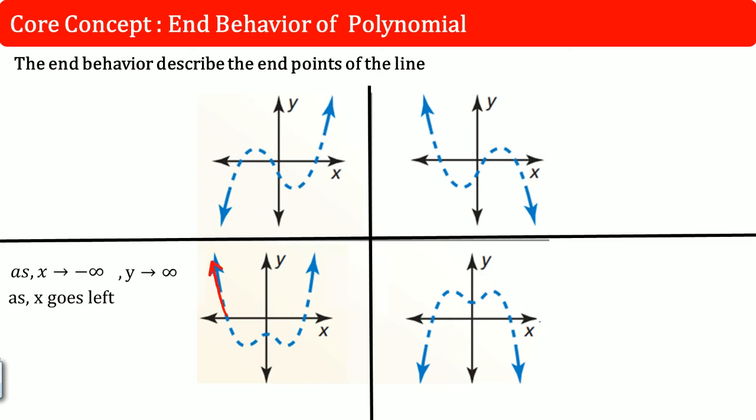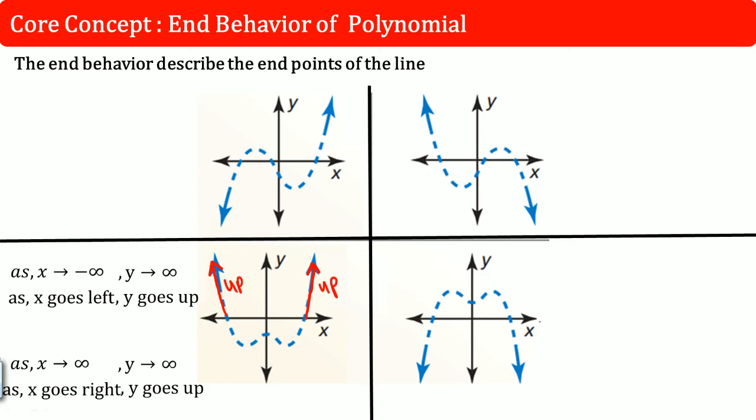So y is going to go towards positive infinity. Then we would say that as x goes to positive infinity, that means as x goes to the right, what happens to y? Y goes to positive infinity. That means y is going to go up, up and up. Y goes to infinity.